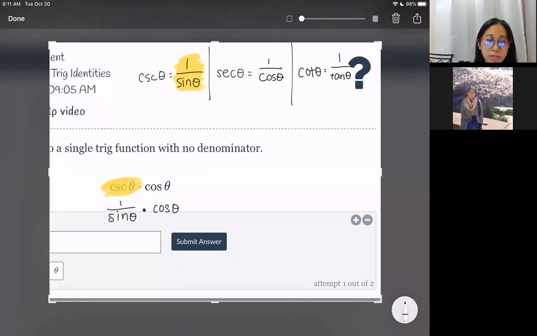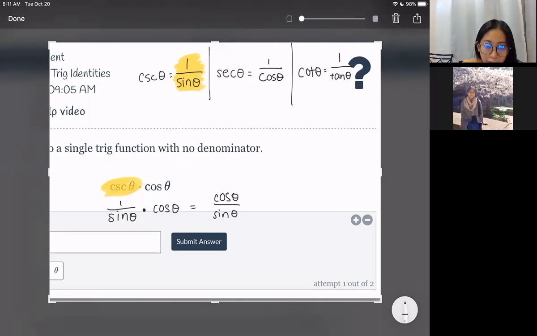I literally just replaced cosecant with 1 over sine because cosecant is 1 over sine. And then we're just going to combine this into one single fraction. So 1 over sine times cosine is cosine on top and sine on the bottom, cosine over sine.